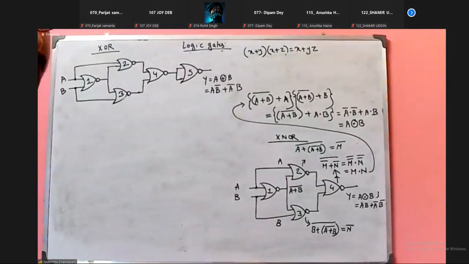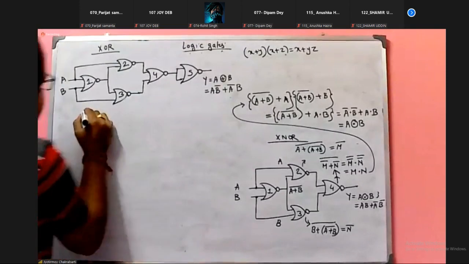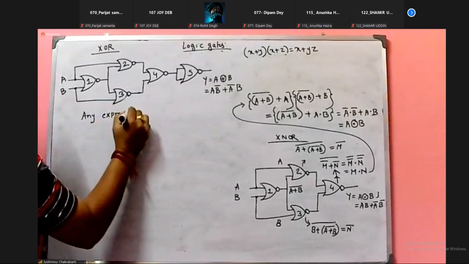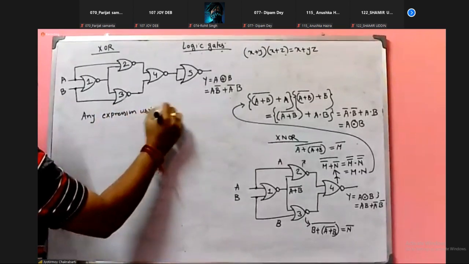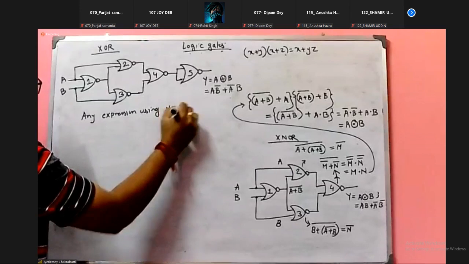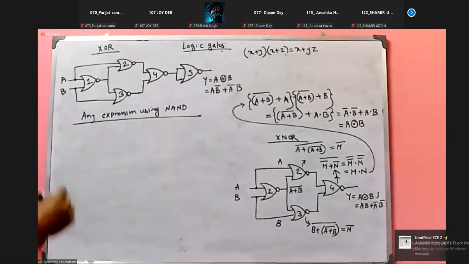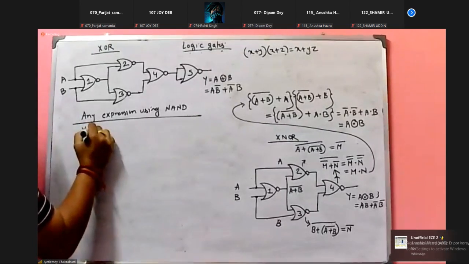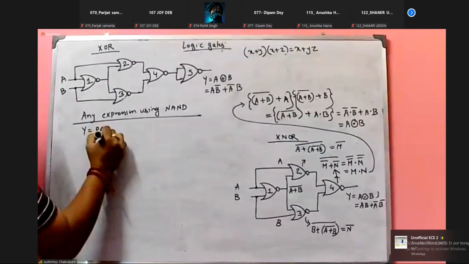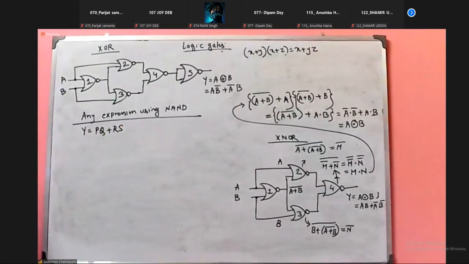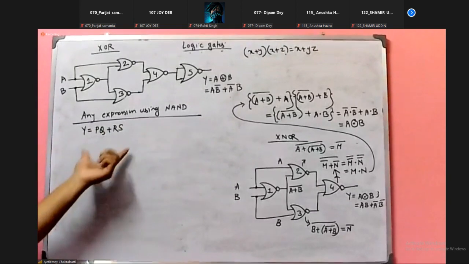So any expression using NAND. How can you implement any expression? I have implemented some standard gates, but if it is say y equals pq plus rs, how to implement this using NAND?